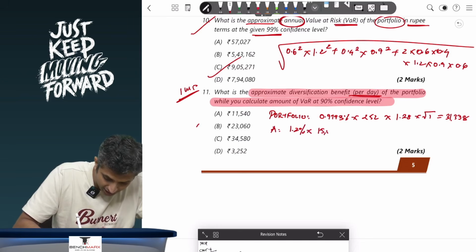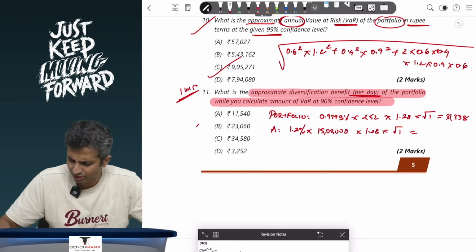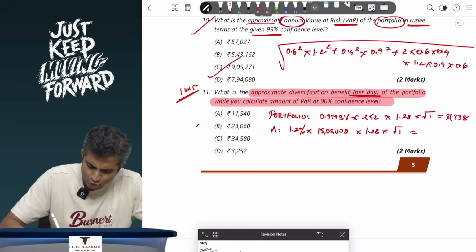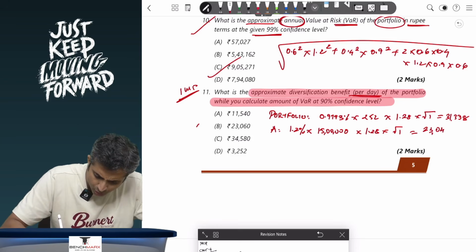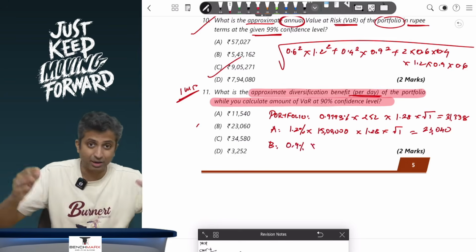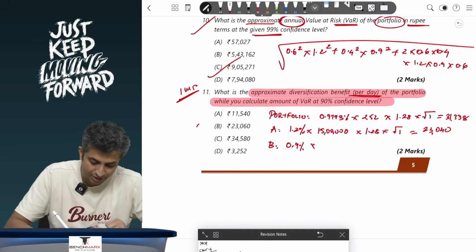Now if I look at only alpha is 1.2% into 15 lakhs into 1.28 into root of 1, just alpha. This comes to 23,040. If I look at only beta, this is 0.9%. I've clubbed this in the portfolio and that gives me the diversification benefits.